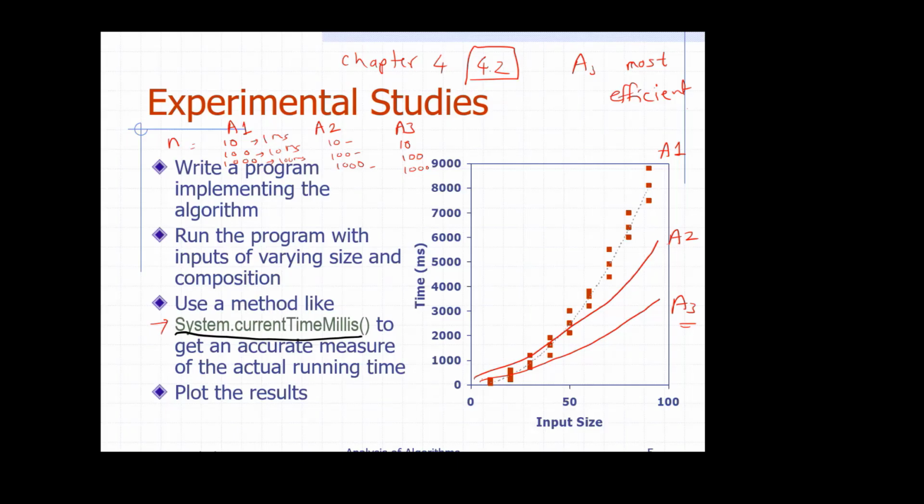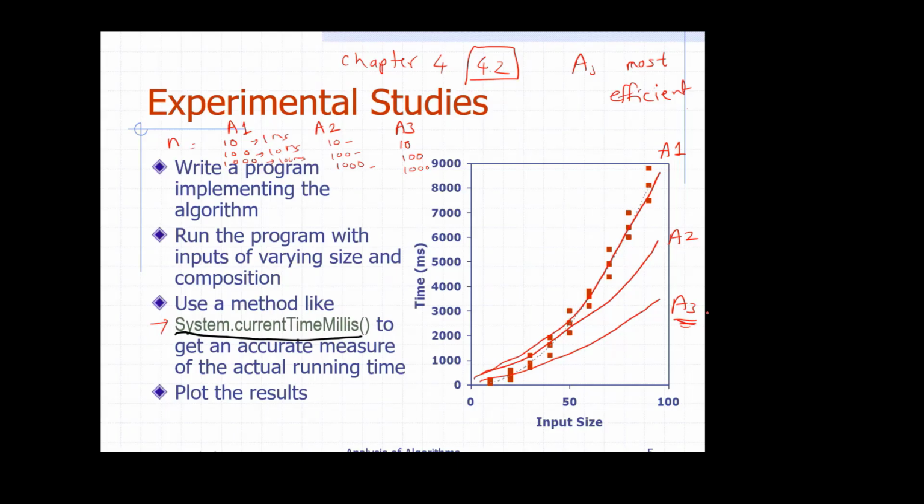That will give you the correct running time, and then we plot the results and decide which one is better. Here the input size goes from 0 to 100, and these are times in milliseconds. If you look at this graph, let's say these are algorithms A1, A2, A3. Which one is the most efficient algorithm, do you think?